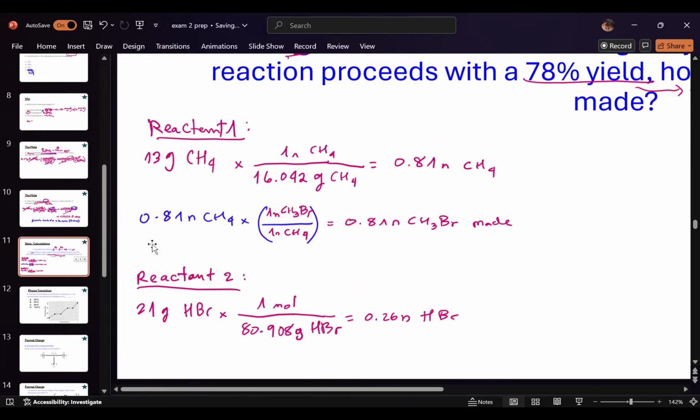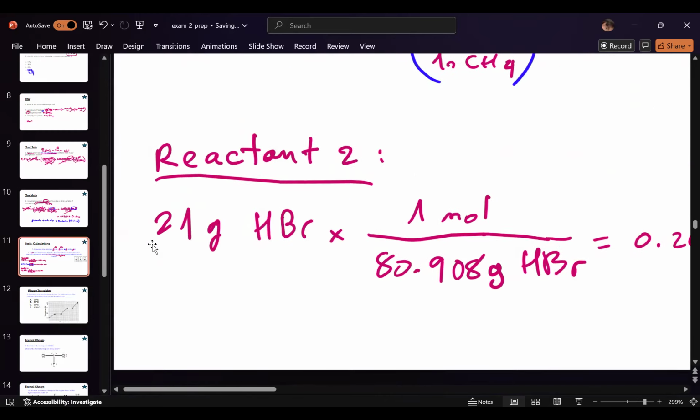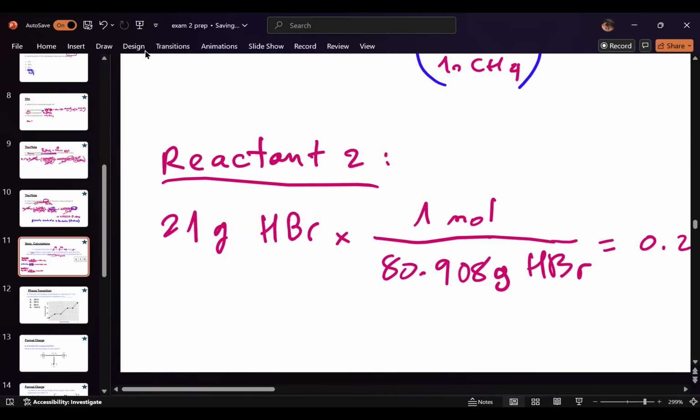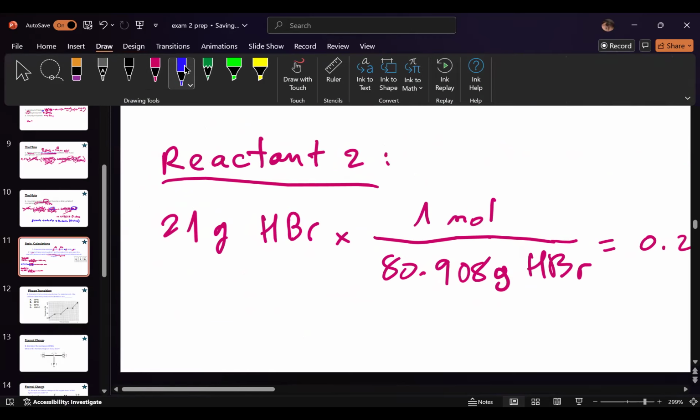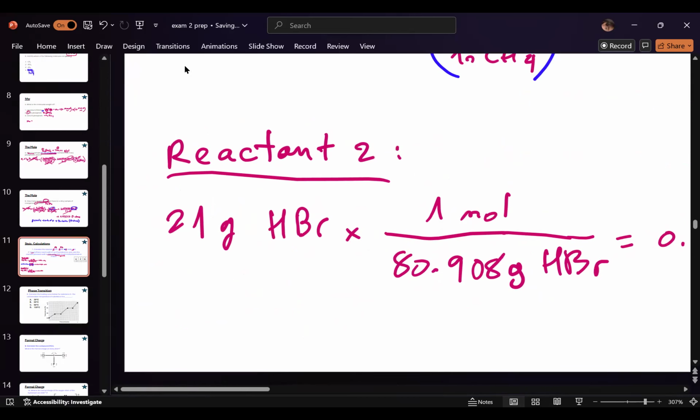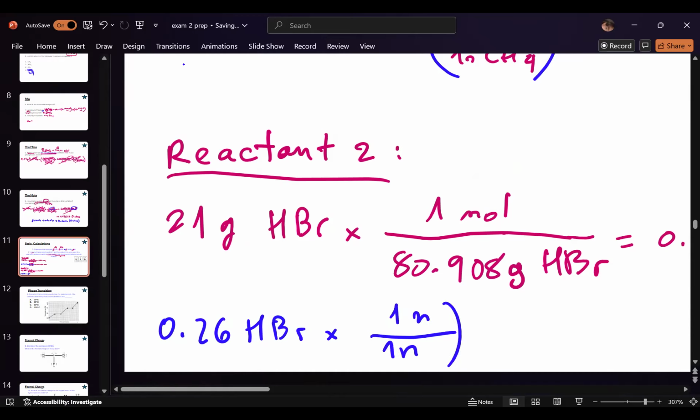And then we just translate it, but we actually need to find out how much CH3Br would make. So we're gonna do 0.26 HBr, and we're gonna do ratios. Ratio is 1 mole over 1 mole. So 1 mole of CH3Br, which is the product, over 1 mole of HBr, which is the reactant.